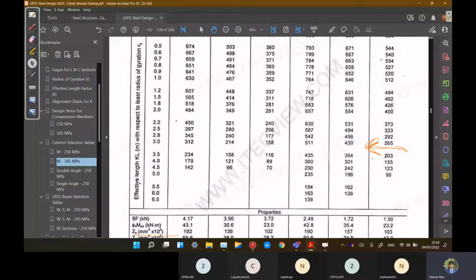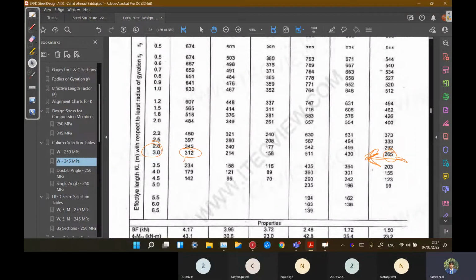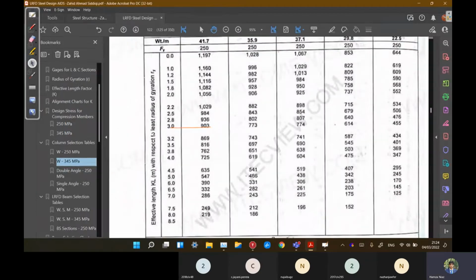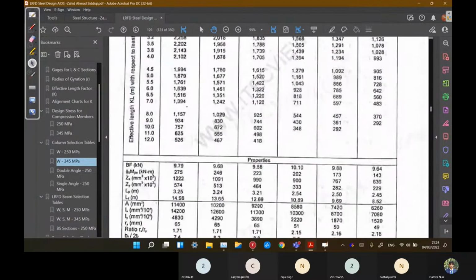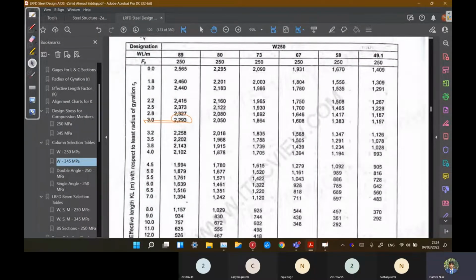At 3 meters, we have to check which column has a capacity of about 5900 kilonewtons. Here it is only 265 and 312. We'll go to the previous page. At 3 meters it is 903 only. Again at 3 meters 2293.